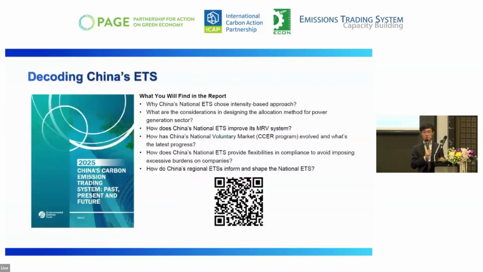And this is our report, actually published last year, and you can scan the QR code to download the electronic version. It is more about China's national ETS development, and also touches a little on the offset CCER program. There are several sections named deep dive, where we try to elaborate why China's ETS was designed the way it is, like why it chose the power sector first, or why it used the intensity-based target first.